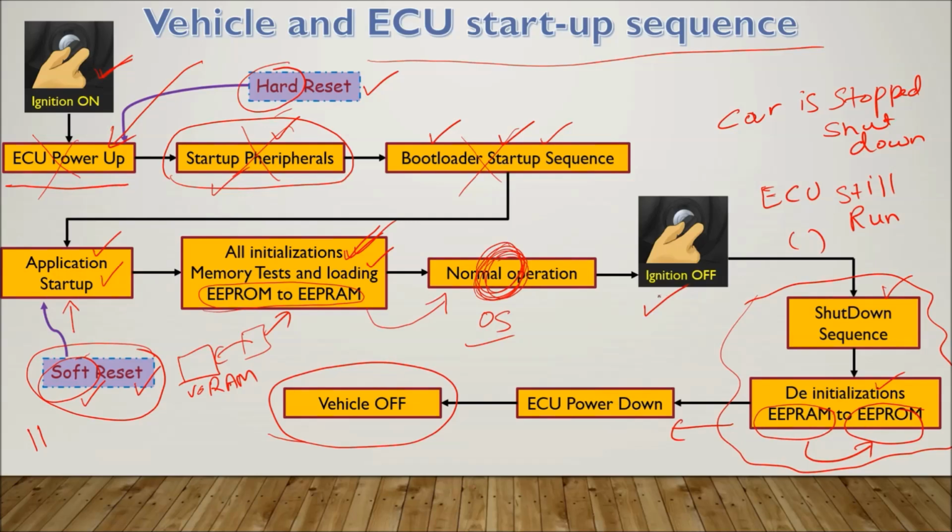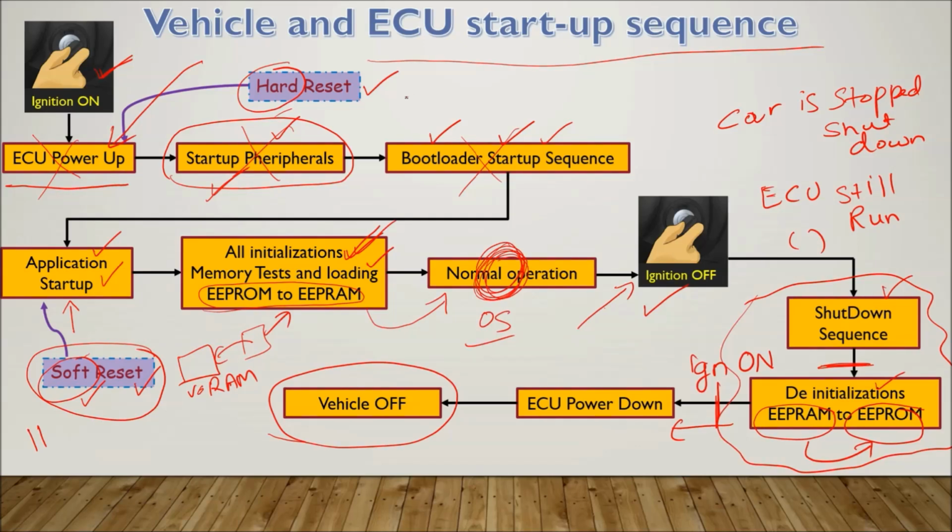So here you imagine that we did the ignition off, right, and the shutdown sequence started, deinitialization, all these things happened. But before the shutdown sequence is over, if you do the ignition on again, then all these startup peripherals will not be required again.